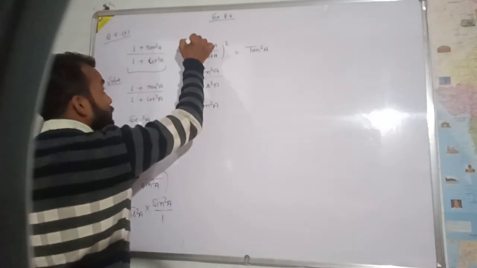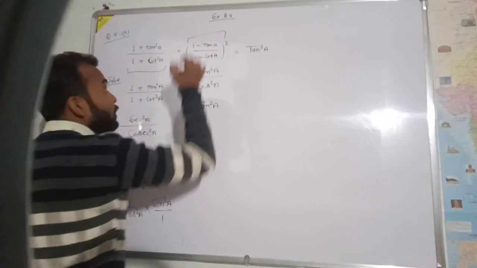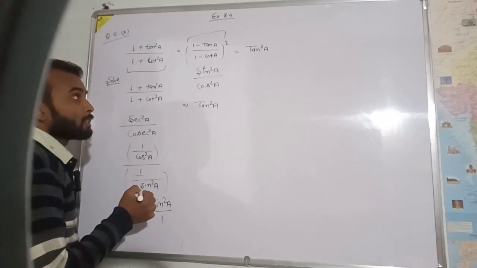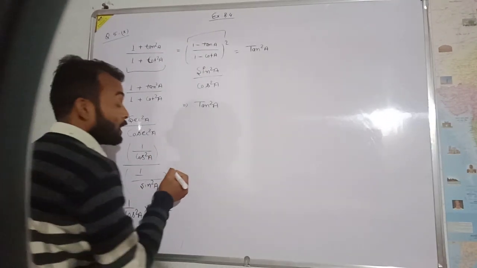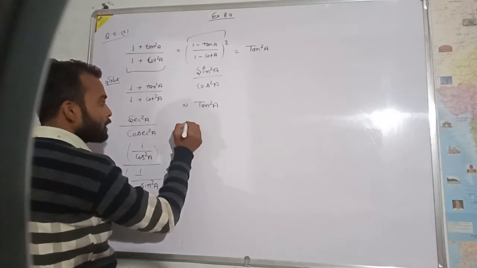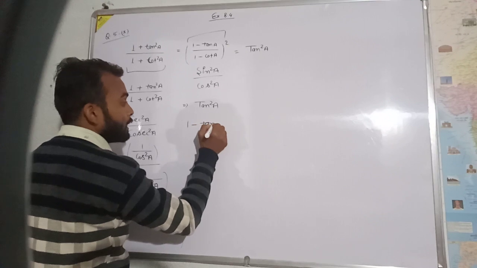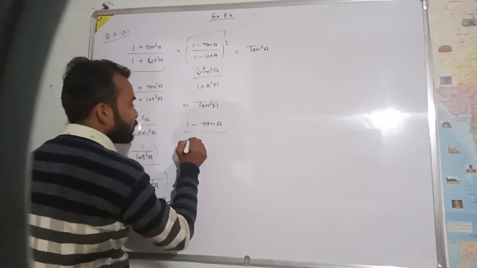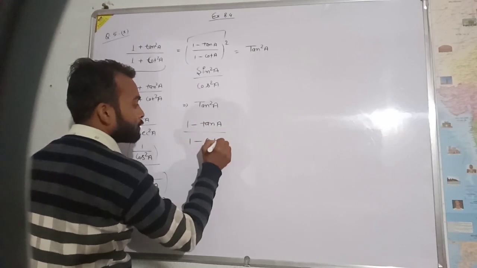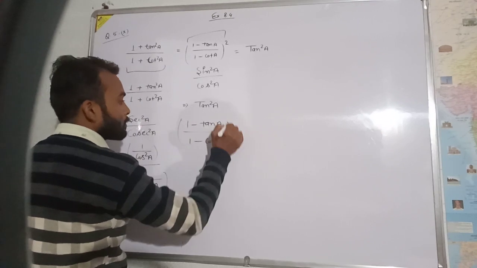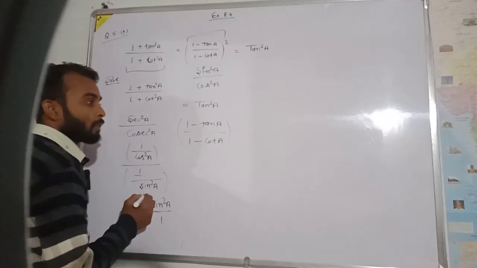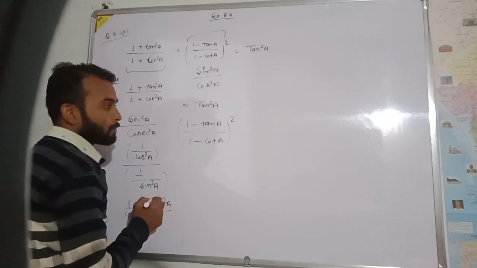Second, we solve this: whole square of 1 minus tan A upon 1 minus cot A. Clear? Whole square of.